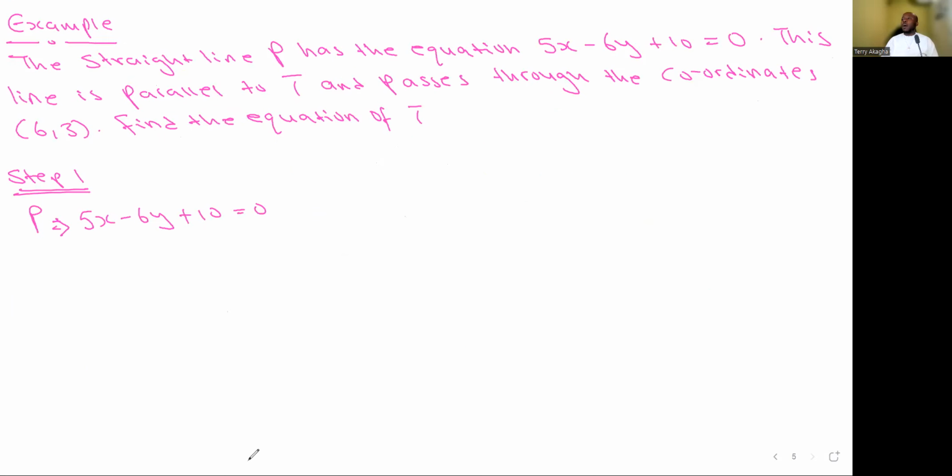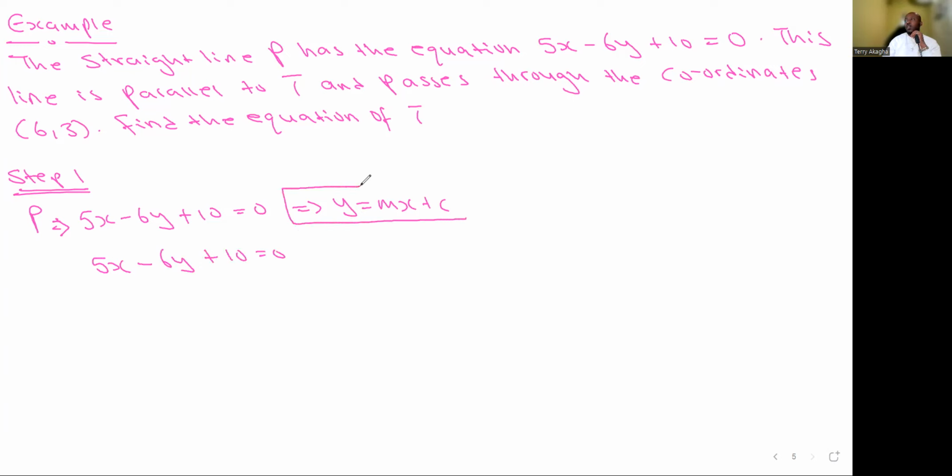So how do you go about this? Remember the slope-intercept form is y is equal to mx plus c. To get to slope-intercept form, you need to make y the subject of the formula. So we have 5x minus 6y plus 10 is equal to 0.